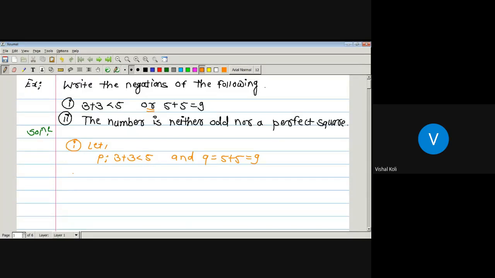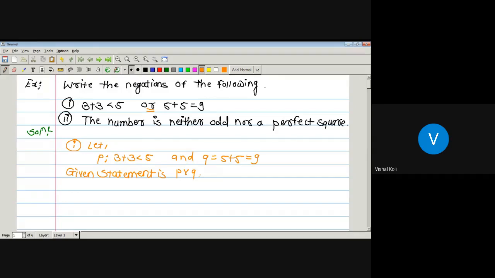So the given statement is P or Q, which is a disjunction, and we have to find its negation.